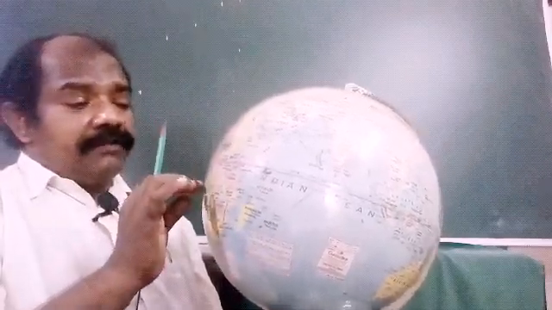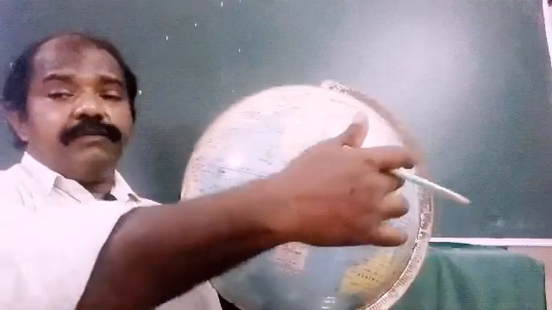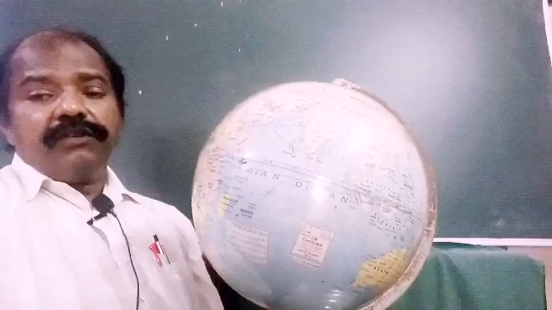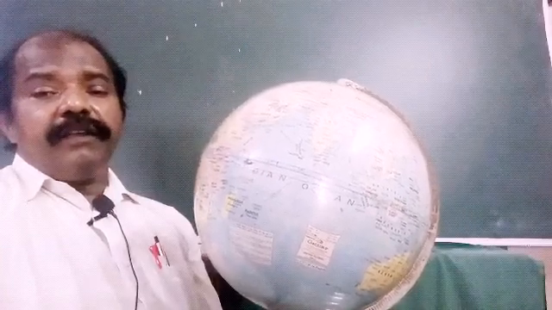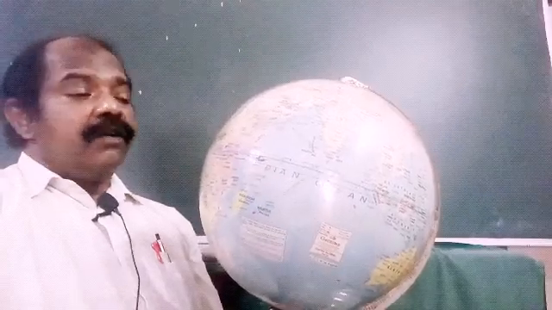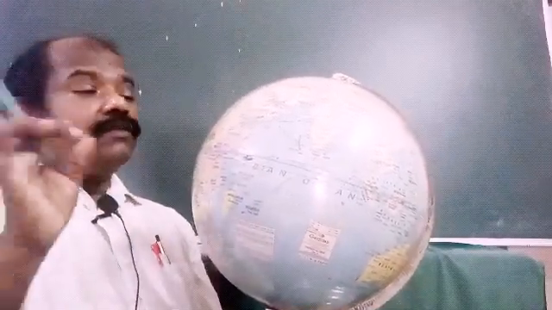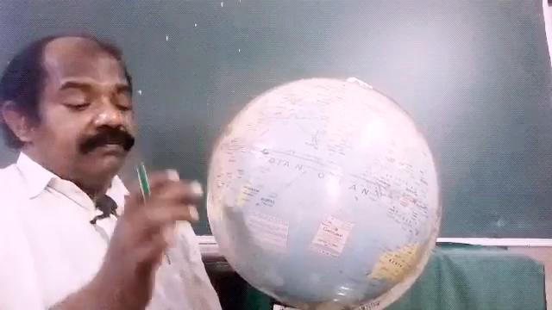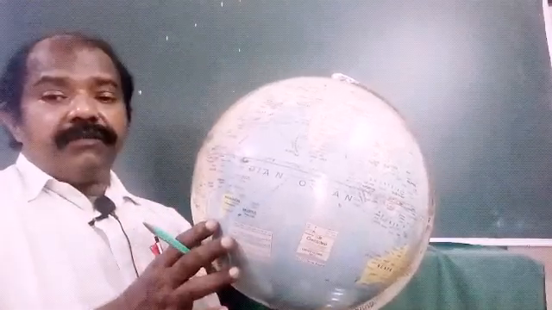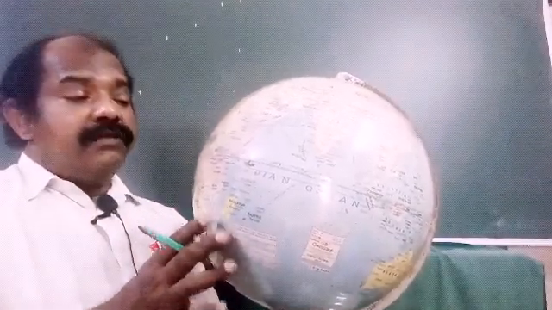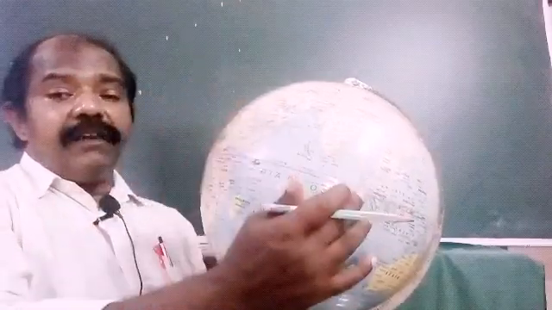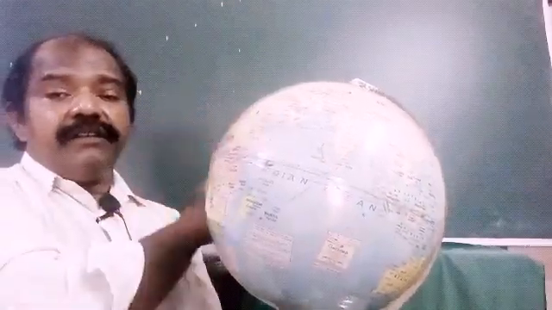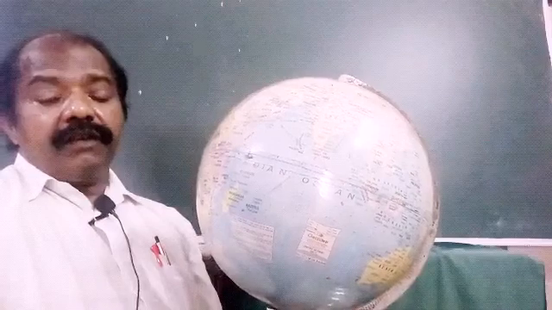And from here towards the right side up to 180 degrees is the eastern hemisphere. So the globe can be divided on the basis of these latitudes and longitudes. On the basis of latitudes we have northern hemisphere and southern hemisphere. On the basis of longitudes we have eastern hemisphere and western hemisphere.